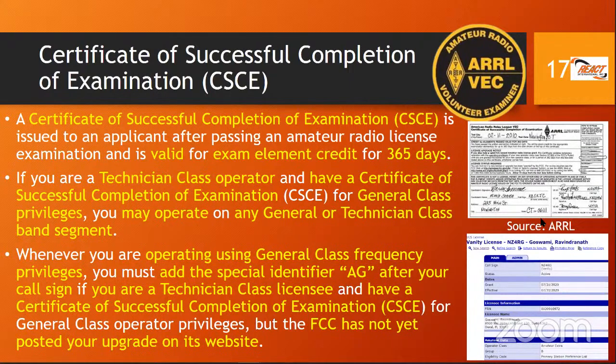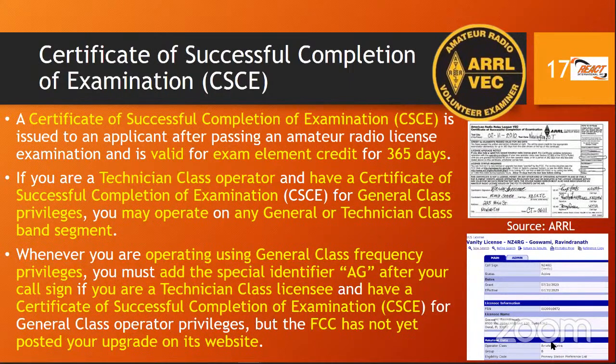And if you do that, you need to identify yourself by using the two letters Alpha Golf or AG after your call sign. If you are still a technician class licensee, according to the website, it shows you here as a technician class. It doesn't yet show as general class because the VEs haven't yet sent in the paperwork and the FCC hasn't turned it around as yet.